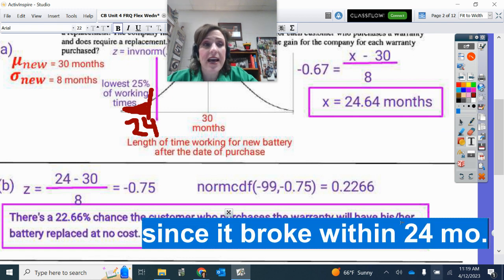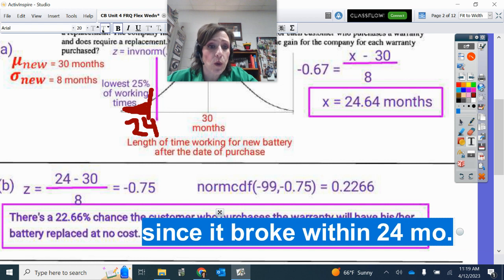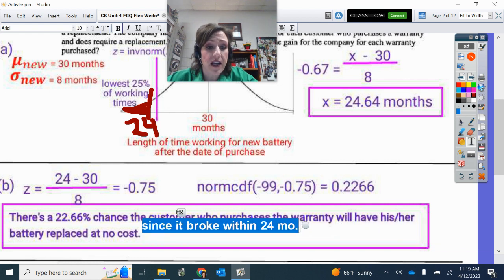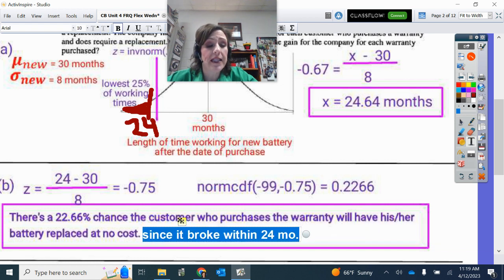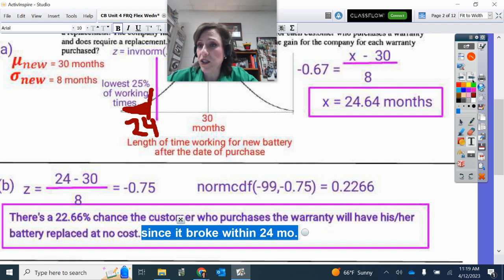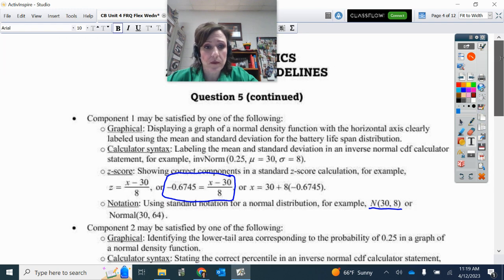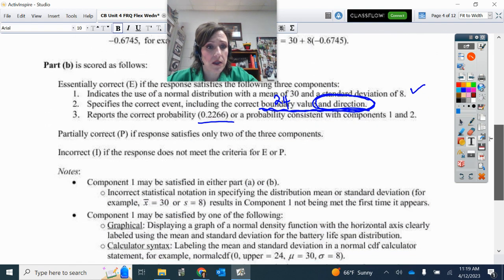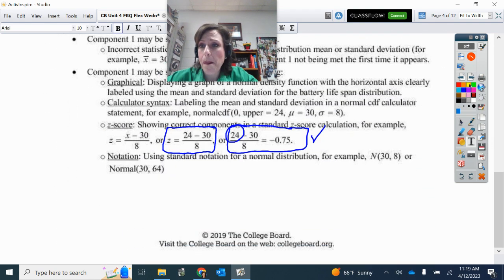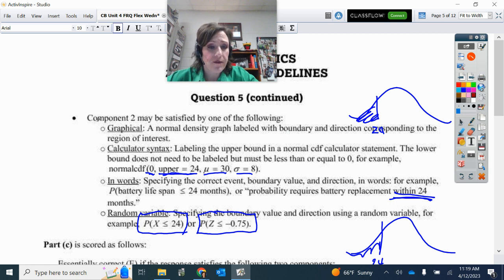So there, that little bit of statement would have solidified that I do get full credit, because let's look at what you needed for full credit. So here, to get full credit, you had a graphical display, and this could be covered in part one, with that boundary and the direction.